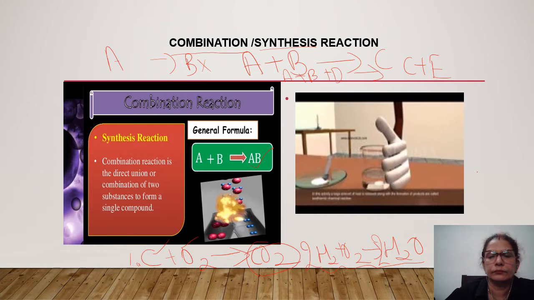Then cork the test tube and insert a glass tube through the hole in the cork into the test tube. Blow exhaled air into the test tube through the glass tube. On blowing exhaled air, which contains sufficient CO2 gas, it turns the lime water milky. In this reaction, quicklime and water combine to form a single product, slaked lime, calcium hydroxide. So it is a combination reaction.